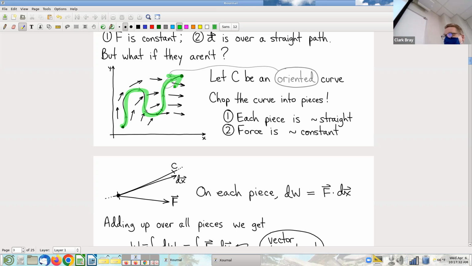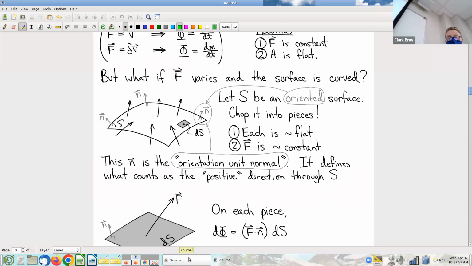And of course, you would parameterize in such a way that that movement is in the direction that the curve is going. If the curve is oriented upward and to the right, then parameterize it that way if you can. The point is it's visually more clear in the curve case. But we have an analogous situation here for surfaces.